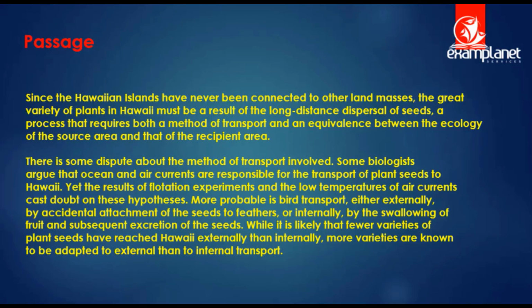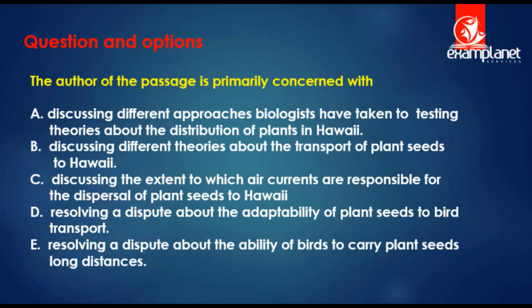You can take some minutes to read through this passage. Alright, so the question and the options here. The question is, the author of the passage is primarily concerned with: A, discussing different approaches biologists have taken to testing theories about the distribution of plants in wuse.